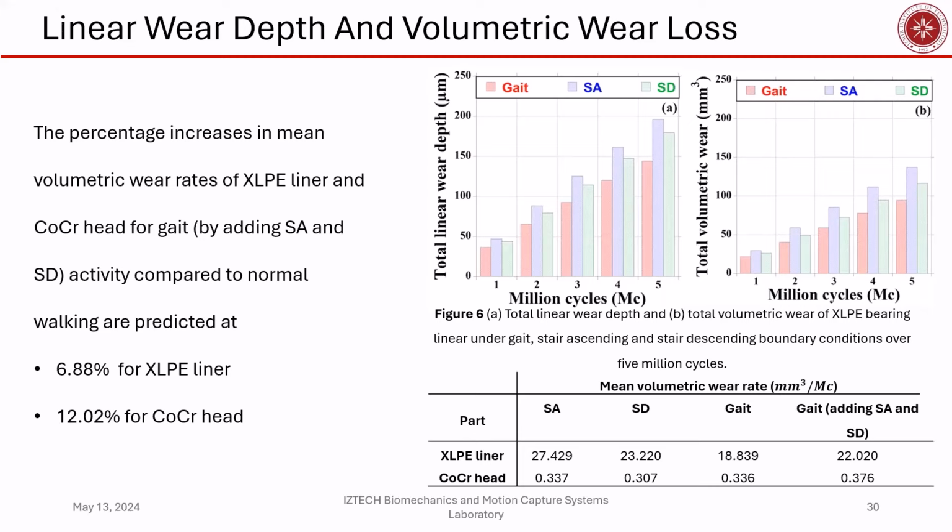If we consider all different effects on the gait cycles, the volumetric wear rate is obtained as 22 millimeter cube per million cycles. The percentage increase in mean volumetric wear rates of cross-linked polyethylene liner and cobalt chromium head for the gait by adding stair ascending and descending activity compared to normal walking are predicted as approximately 7% for cross-linked liner and 12% for cobalt chromium head.